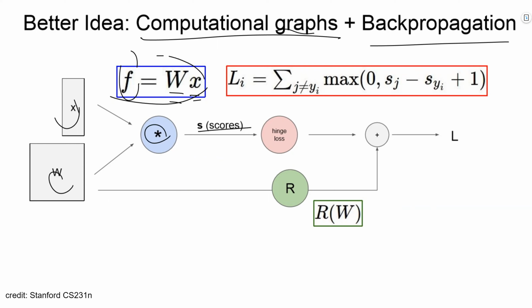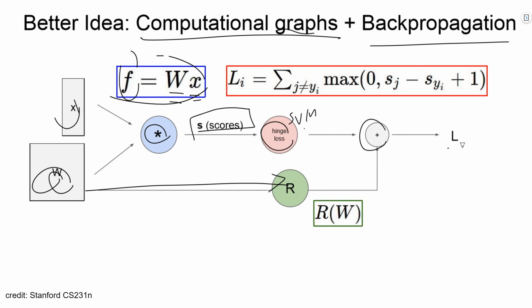After that, the score is calculated, and we apply hinge loss, which is SVM loss. And W goes through another computation process to calculate the regularization loss. These two values are added, and this results in the loss. Therefore, computational graphs are nothing but representing all these computational processes in this graph format.